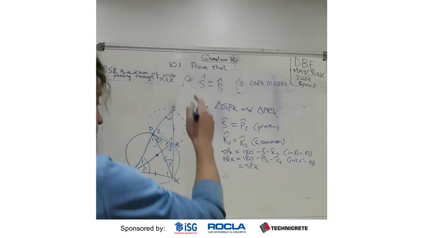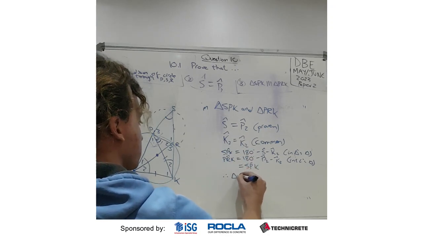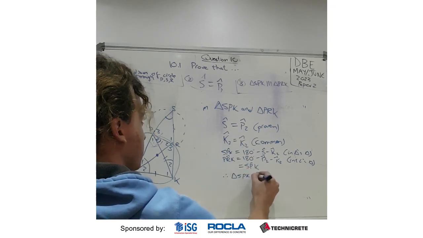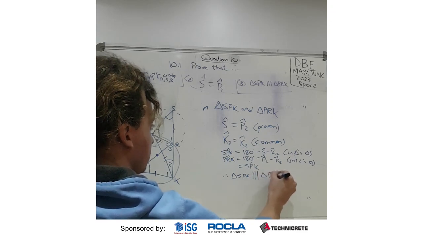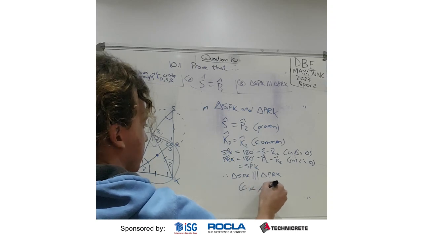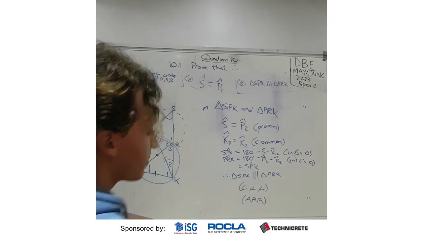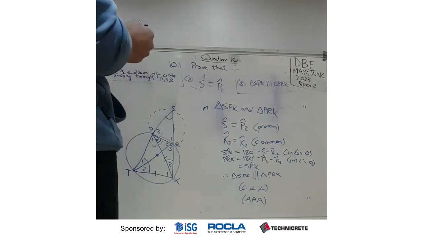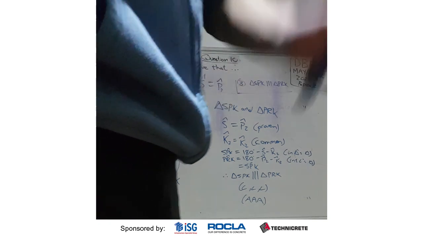So we've proved that three angles are the same as each other. Therefore, triangle SPK is similar to triangle PRK. Reason: angle, angle, angle. Alternatively, AA. We have proved the three things they wanted us to prove. I'm going to pause, erase, and we're going to go on to 10.2, the final question of this paper.